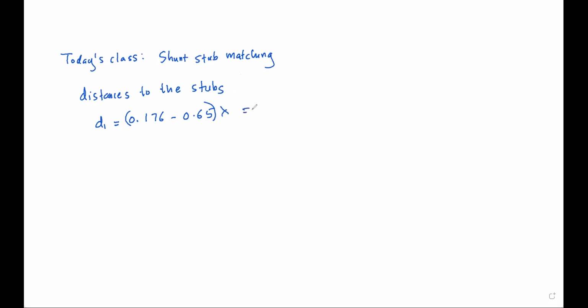So we have got this output, and for D2 we have got 0.325 minus 0.65. 0.065, no?